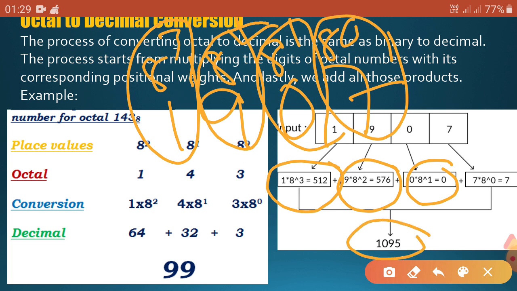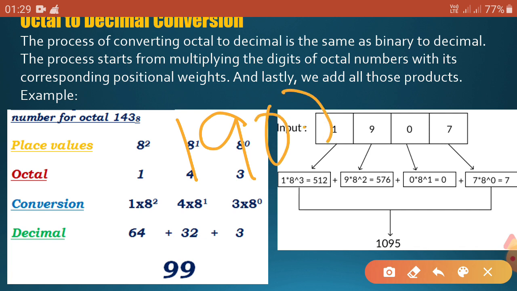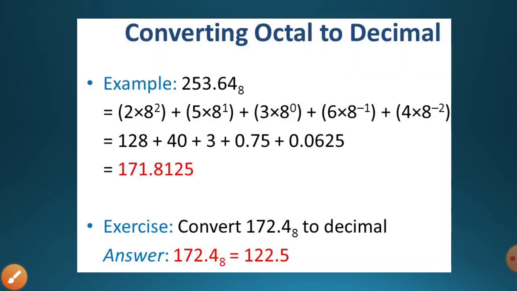This gives us 1095. So 1907 in octal number system gives 1095 in decimal number system. Okay, got it? Go to the next slide.